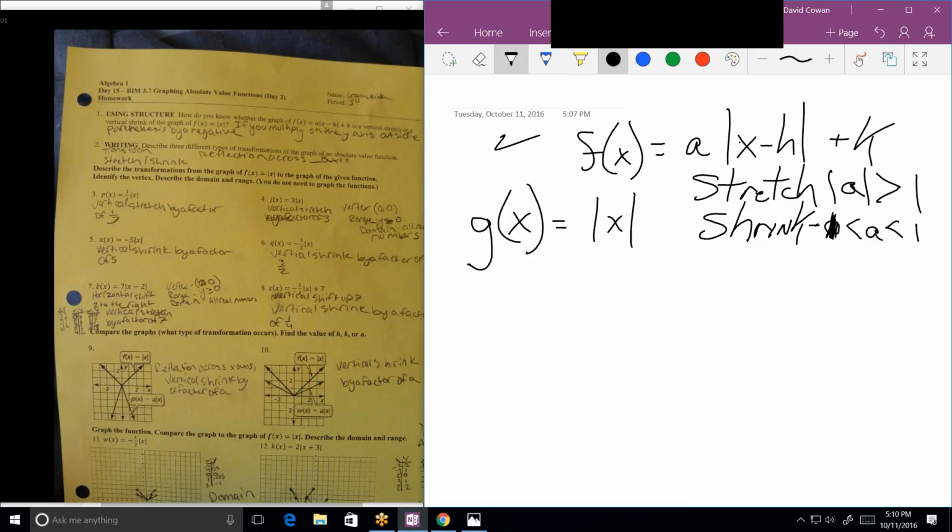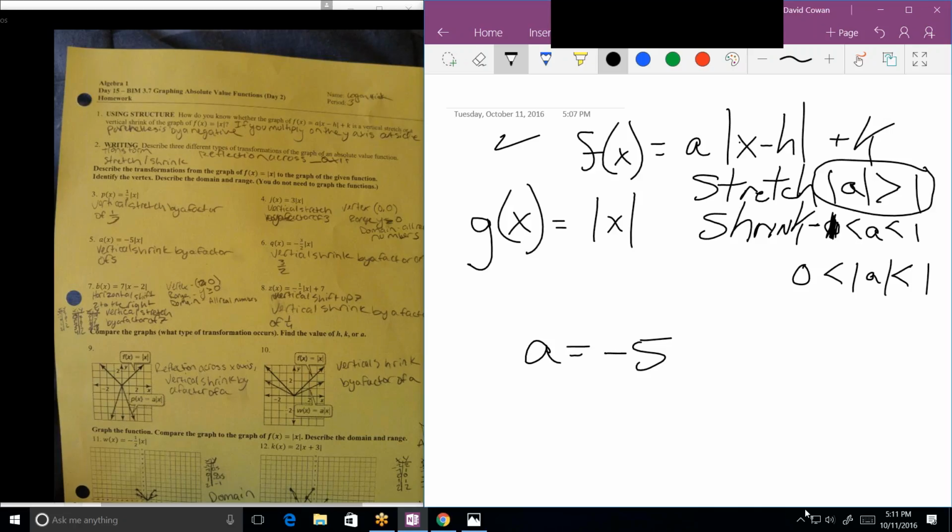And then I could actually say that the absolute value of a has to be greater than 0 and less than 1 for it to be a shrink. But for a stretch, as long as the absolute value of a is greater than 1. In other words, if a is minus 5, that is a stretch, and the absolute value of minus 5 is 5, which is greater than 1.